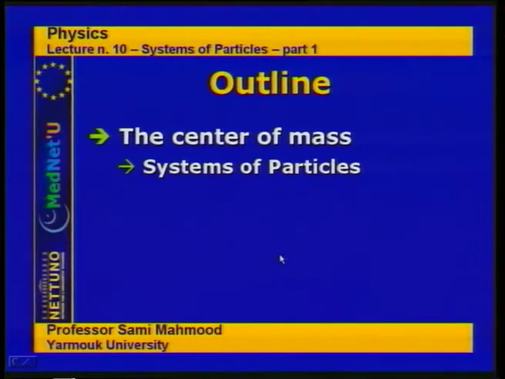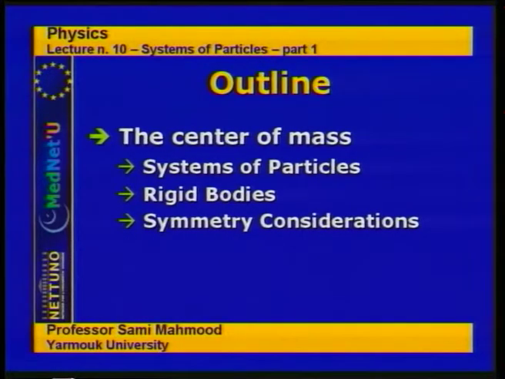First, we take a collection of particles, a discrete system of particles. And secondly, we take the case of rigid bodies, where we find the center of mass for a rigid body of continuous distribution of matter.